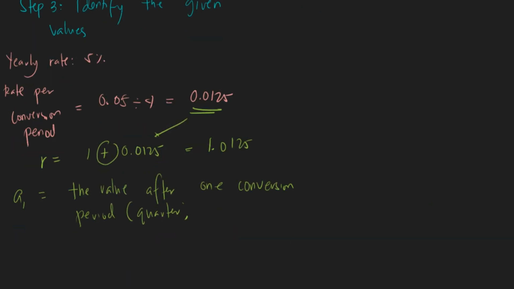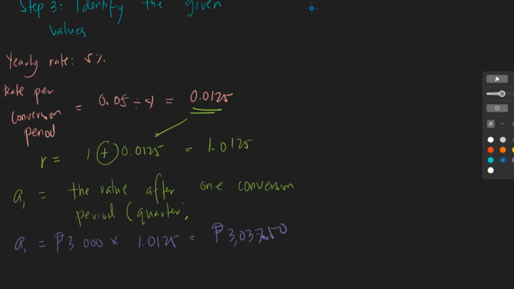So with that in mind, let's compute the first term: 3,000 times 1.0125, that is 3,037.50. All right, that will be our first term.